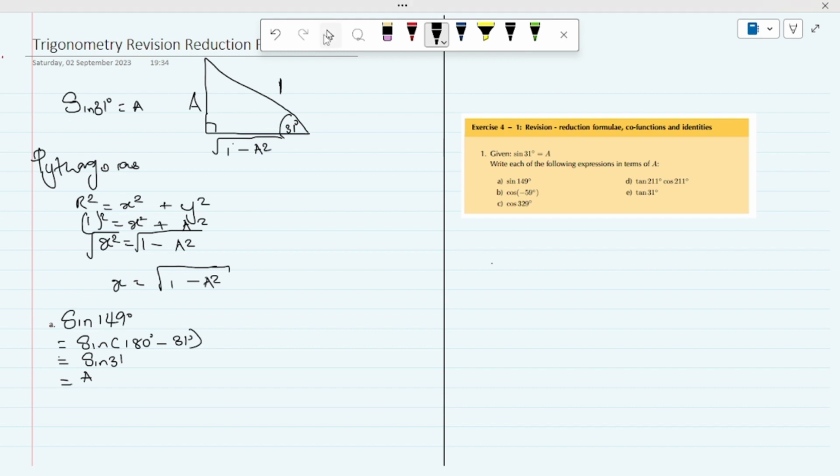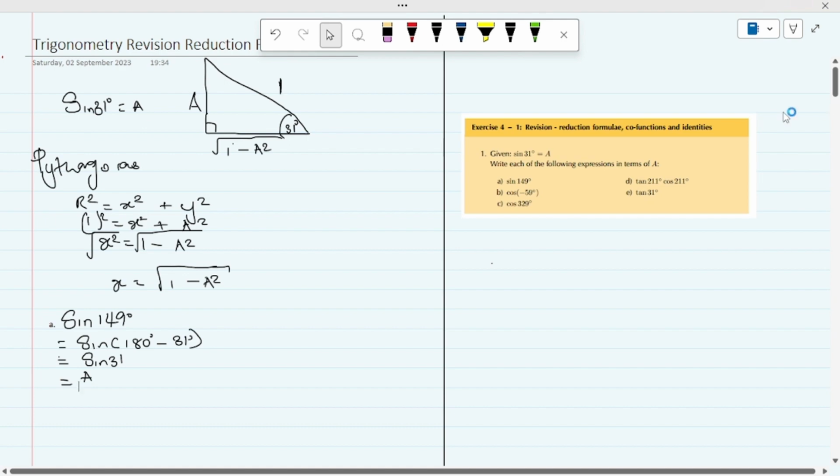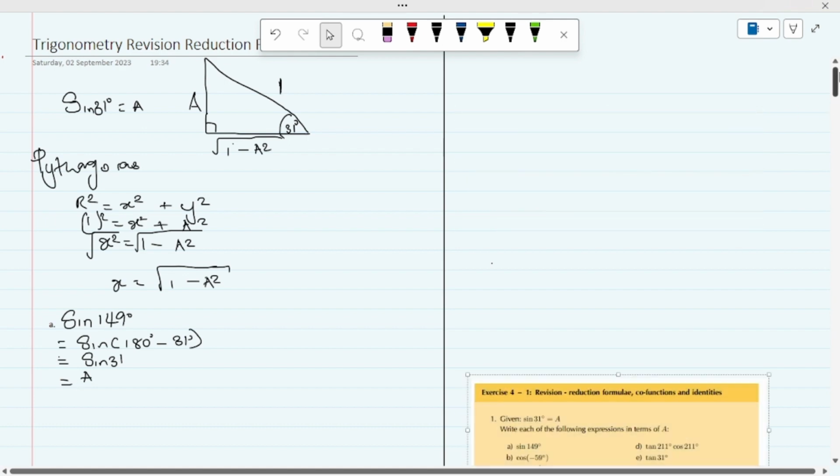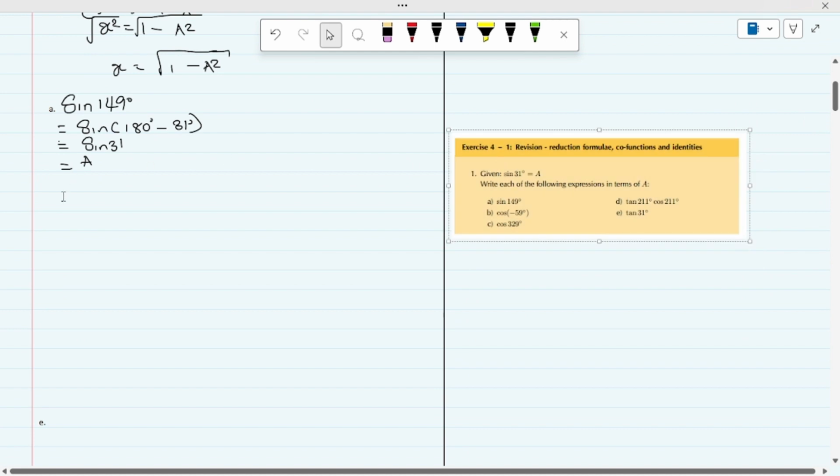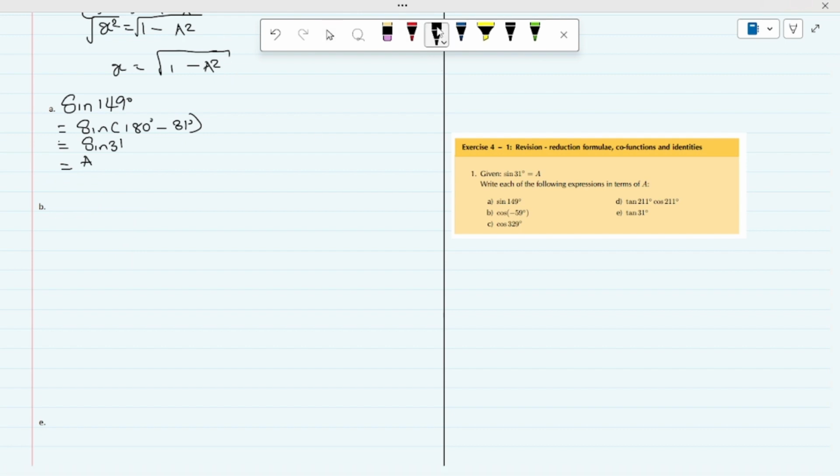Alright, so let's go on to the second question, number B. It says cos of minus 59 degrees.